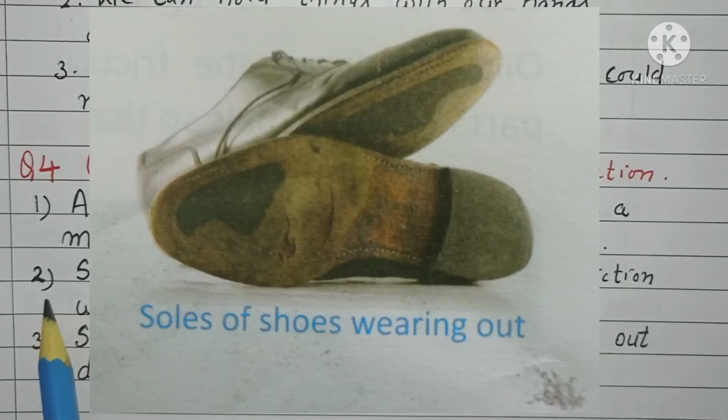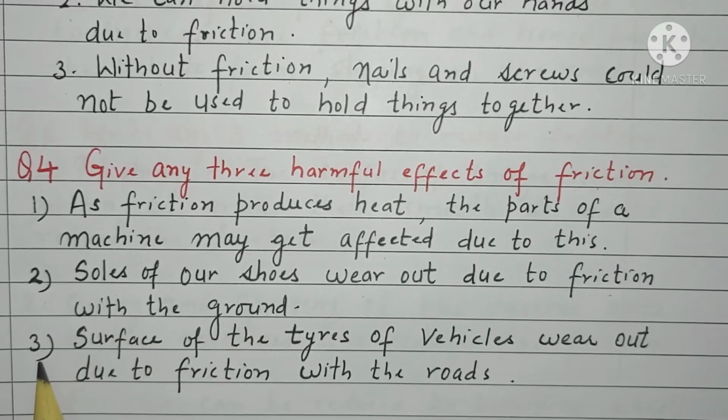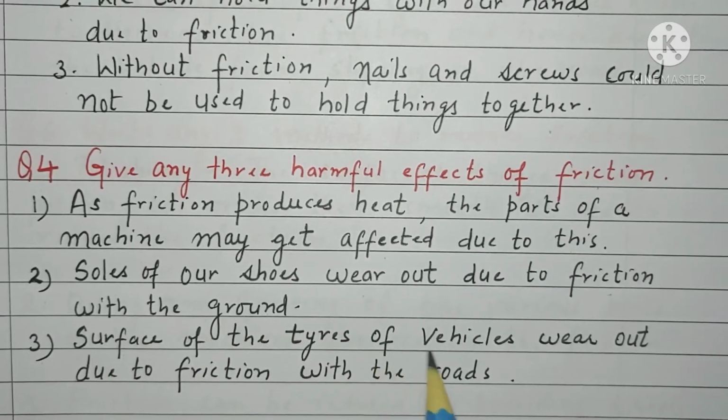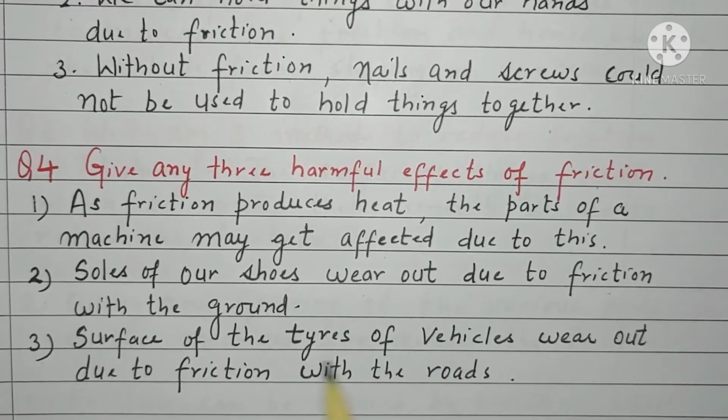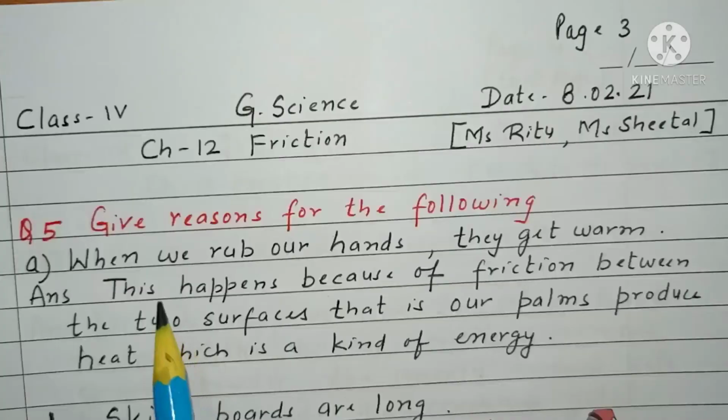The second thing is the soles of our shoes wear out due to friction with the ground. The third one is the surface of the tires of vehicles wear out due to friction with the roads.